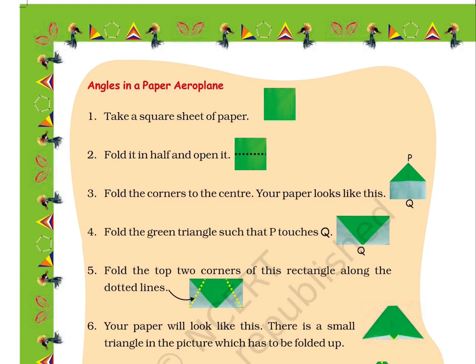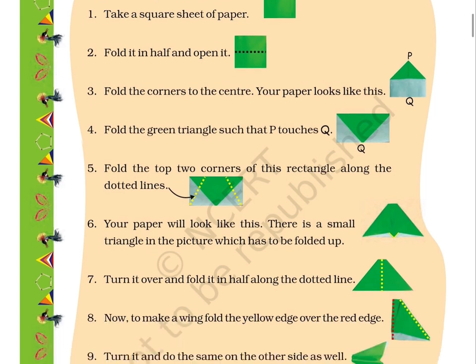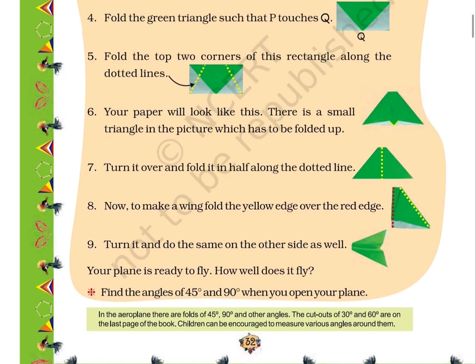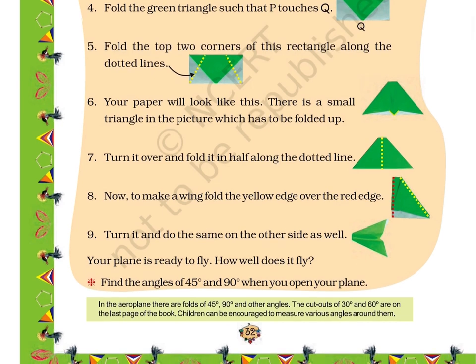4. Fold the green triangle such that P touches Q. 5. Fold the top 2 corners of this rectangle along the dotted lines. We see this being done in the picture. 6. Your paper will look like this. There is a small triangle in the picture which has to be folded up. 7.